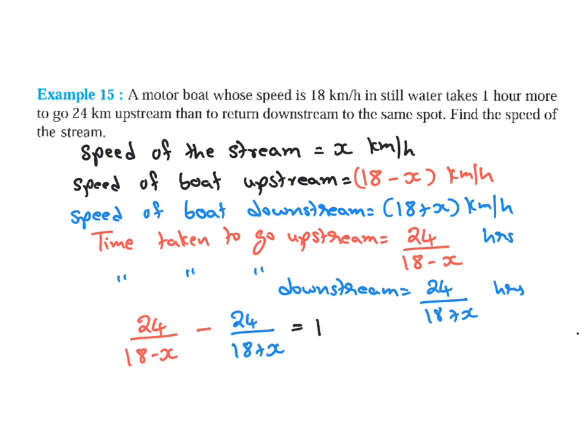So when we take the difference, the question says the difference of the boat's time upstream and downstream is 1 hour. So 24 over 18 minus x, minus 24 over 18 plus x, is equal to 1. Now we can take this and solve the equation. And let's see how we go about doing this.